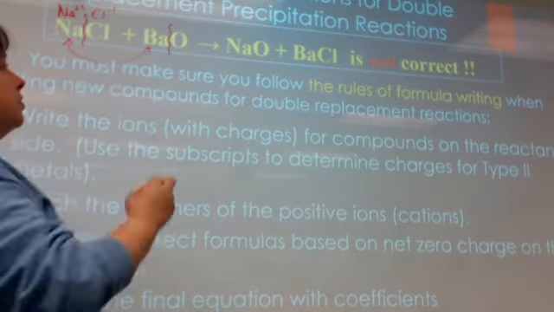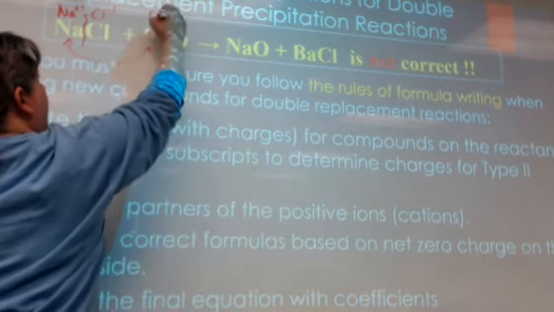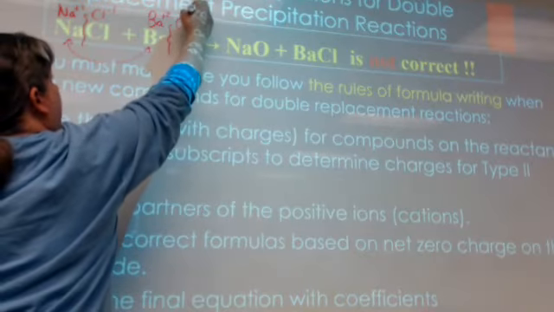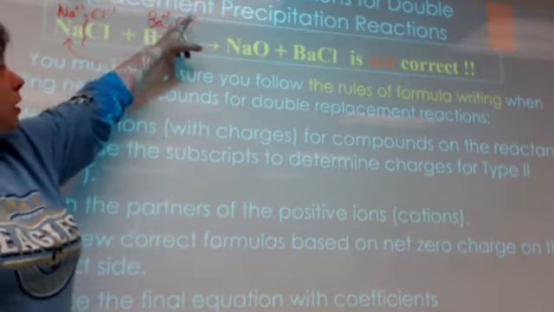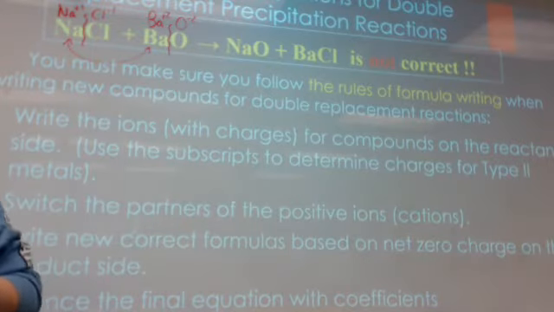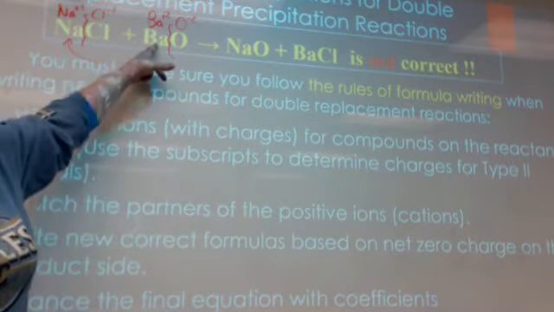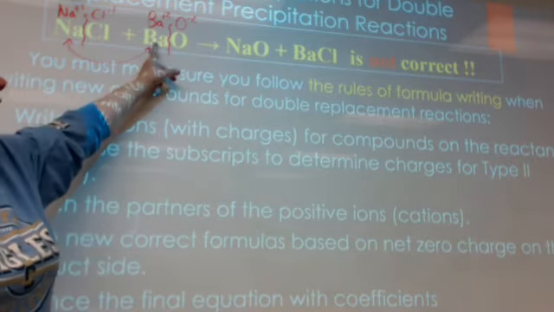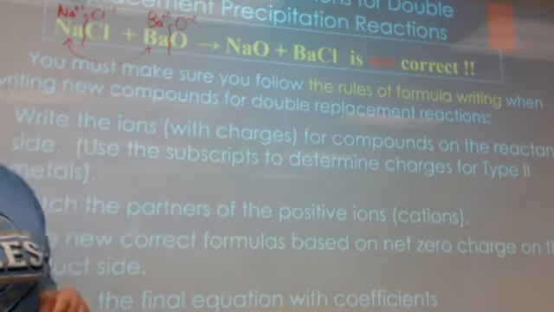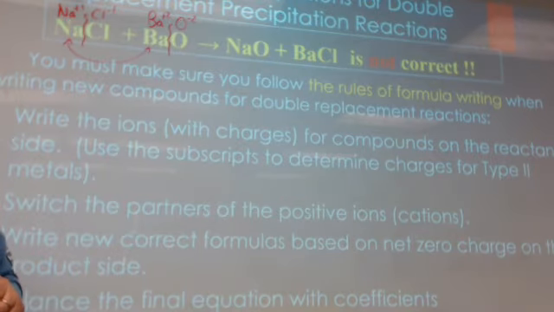When barium and oxygen combine, you have a +2 ion combining with a -2 ion. So again, +2 and -2 already cancel each other out, so it only takes one of each ion. That is why there are no subscripts written: one barium combines with one oxygen.